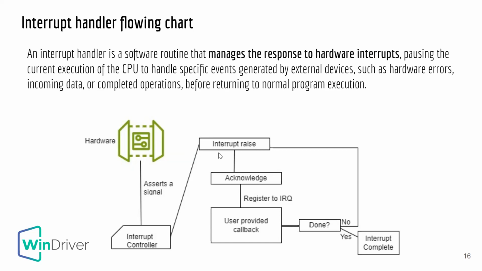The flow goes here. Once the interrupt is raised, it needs to be acknowledged by the driver and registered to the IRQ. Then there is an option for the user to send a callback or send a transfer command. We will talk about it in the next part. And it can loop, okay? The whole process can be looped until it is done. And then the interrupt is completed and disabled.